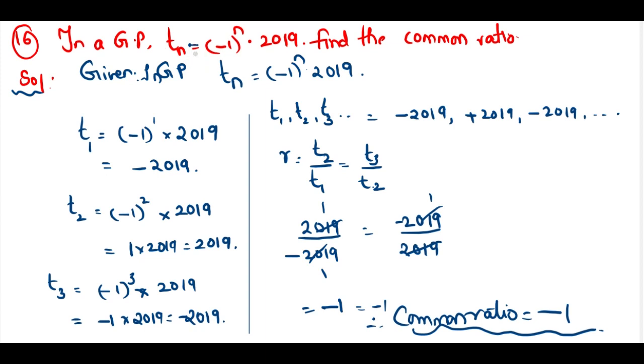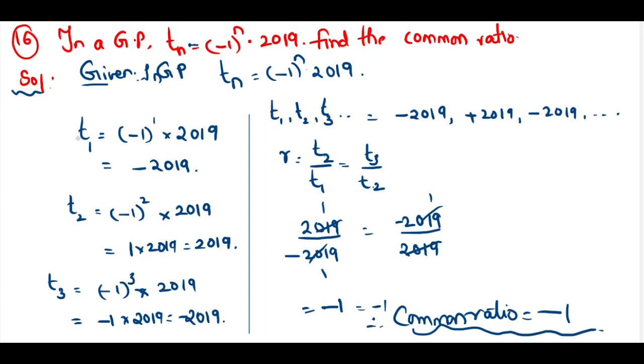So, Tn is given as minus 1 whole to the power of n into 2019. We need to find the common ratio. So, let us calculate a few of the terms like T1, T2, T3, and so on.